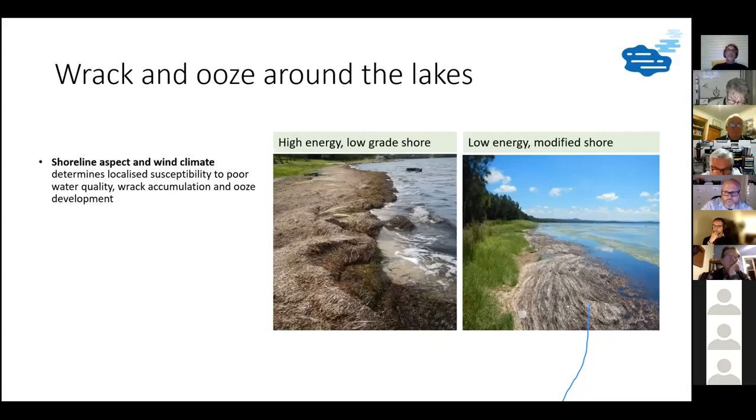In these two examples, you can see a shoreline that faces due southeast, as in this photo on the left, is open to a lot of wave energy from those strong southeast winds.